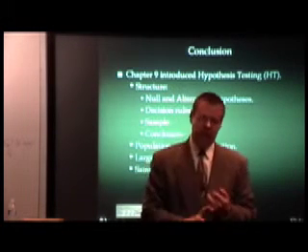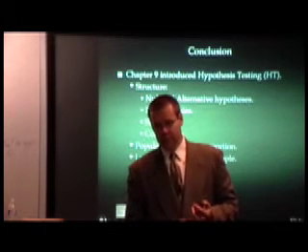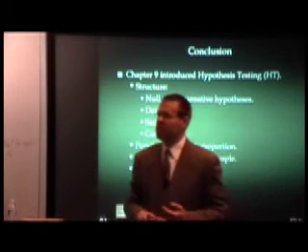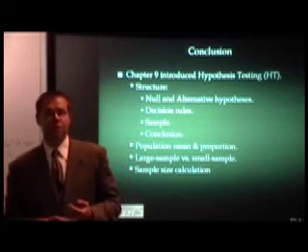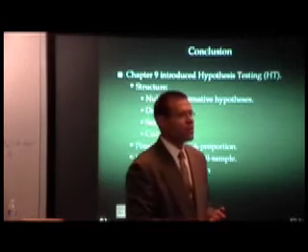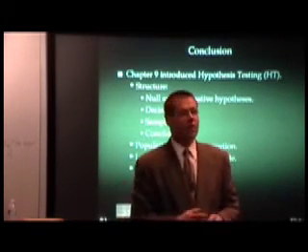If you reject the null hypothesis, you may have rejected incorrectly, in which case you've made a type 1 error. If you fail to reject when you should have rejected, you made a type 2 error. It is important to keep those clear and know the relationship between them, and in particular how that drives alpha.